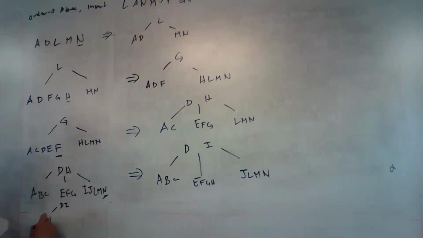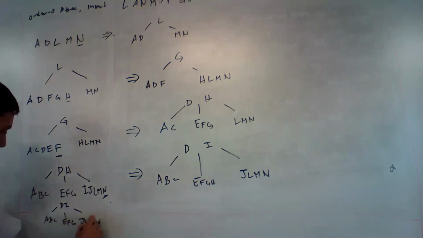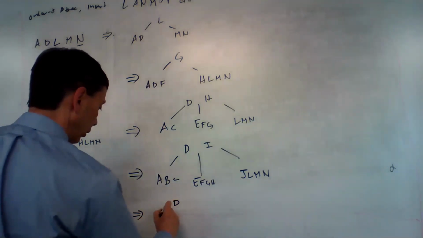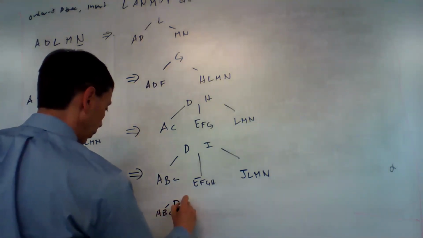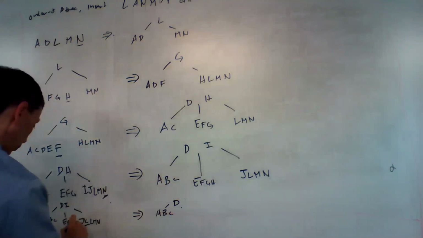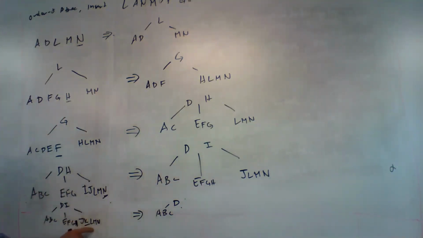So ABC, E, F, G, and then we get J, K, L, M, N. And so we again borrow from our left side. Sorry, EFGH, my bad. So we can't borrow, so we're going to have to take these 2 nodes plus the split key, combine them together and create 3 nodes.